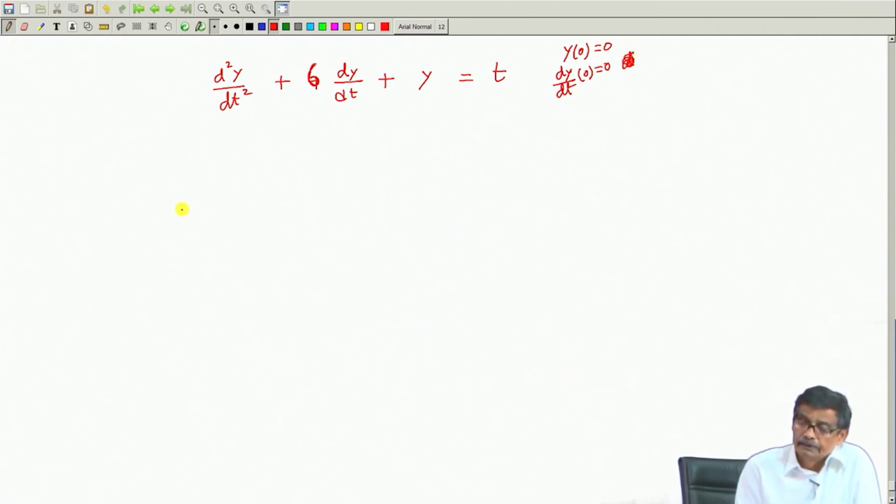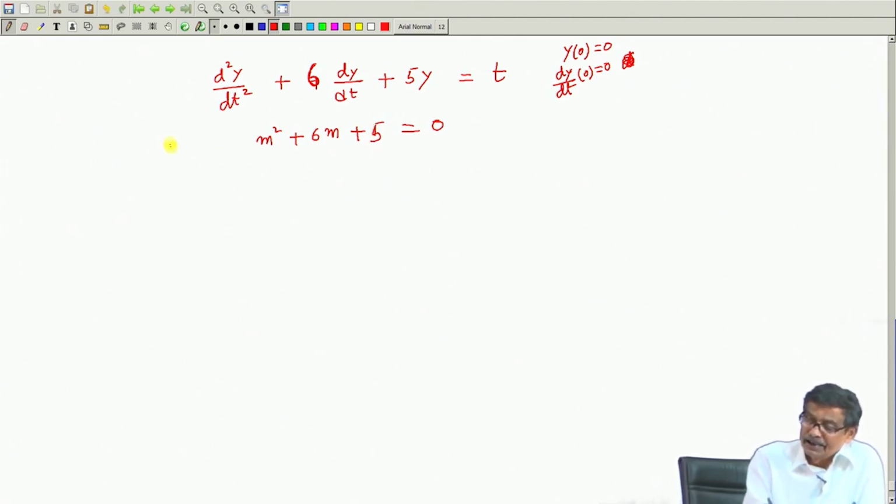Then the characteristic equation is m square plus 6m plus 1 equal to 0. Or should I put 6? Let us put 5 there, so that things come out.